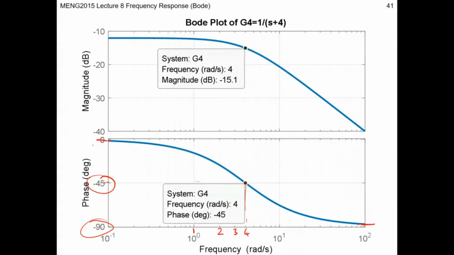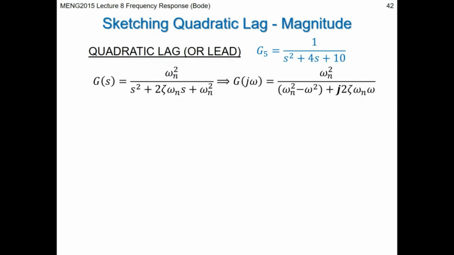It'll never quite reach minus 90. It basically just levels off here forever. And then the third consideration is it's always going to pass through minus 45 degrees. So knowing these basic shapes or forms of the Bode plots, both the magnitude and the phase for our different factors, is going to be very helpful for you when you're plotting, because you can make sure you're getting it right.